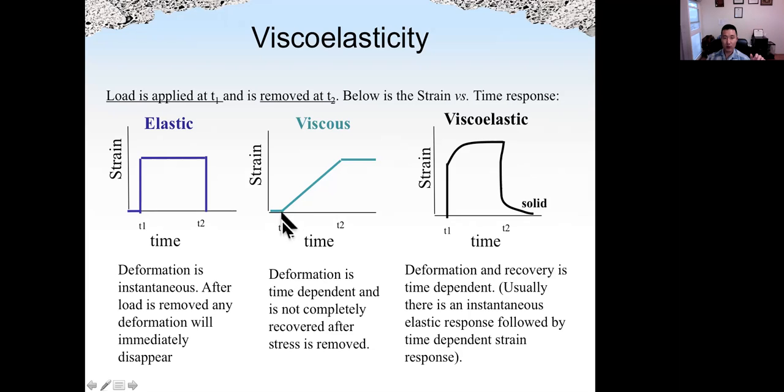For viscous materials, when you apply the load at t1, the strain is not instantaneous. The strain will slowly go up until t2 when we remove the load, and then the strain will not go back to 0 immediately. It may stay at the same level or it may gradually reduce. So both the deformation and the recovery are time dependent.